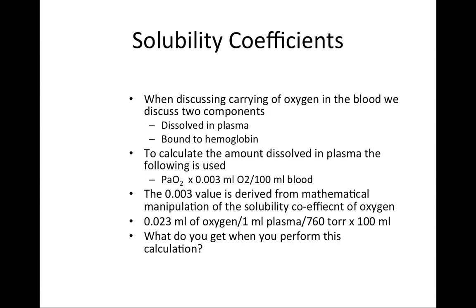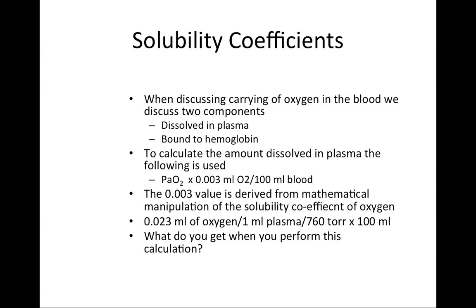But it is that partial pressure of oxygen, whatever value we would get from a blood gas, that we would take, the partial pressure of oxygen, times 0.003 mL of O2 per 100 mL of blood.